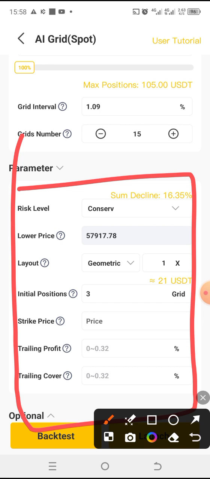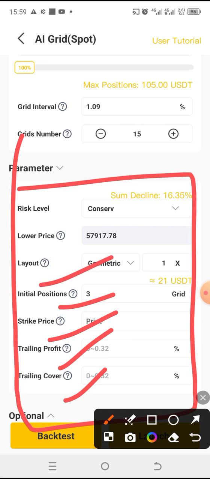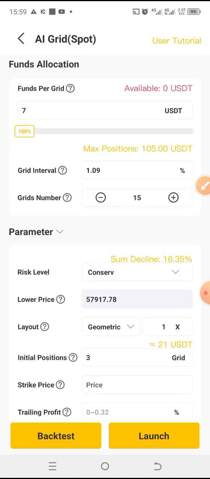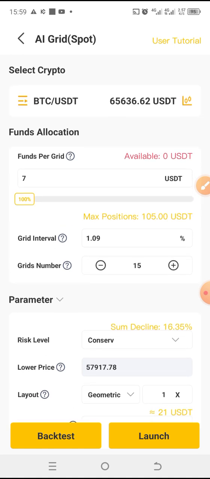Then we can set trailing cover, trailing profit, then strike price, initial position, layouts, then we have low price, and then the risk level also. But the reason for this particular bot is simple.